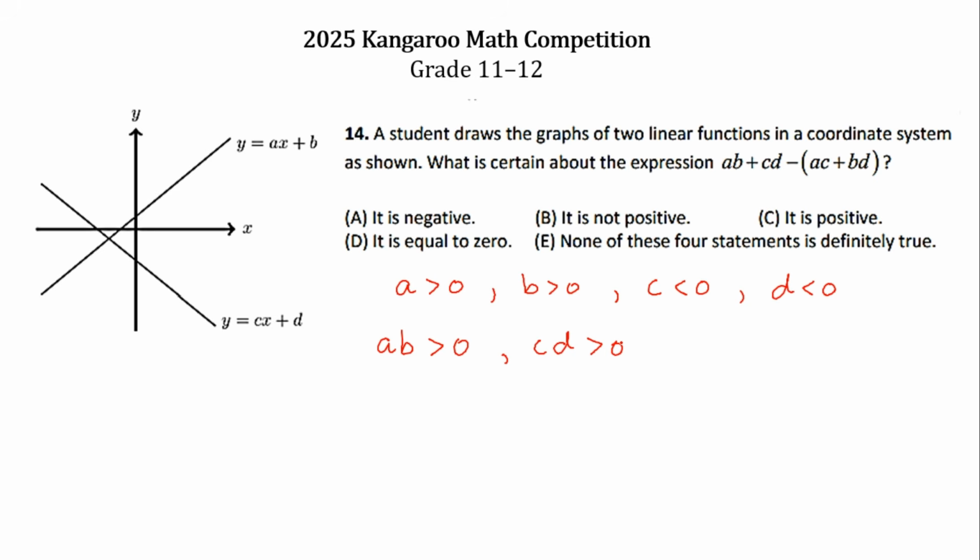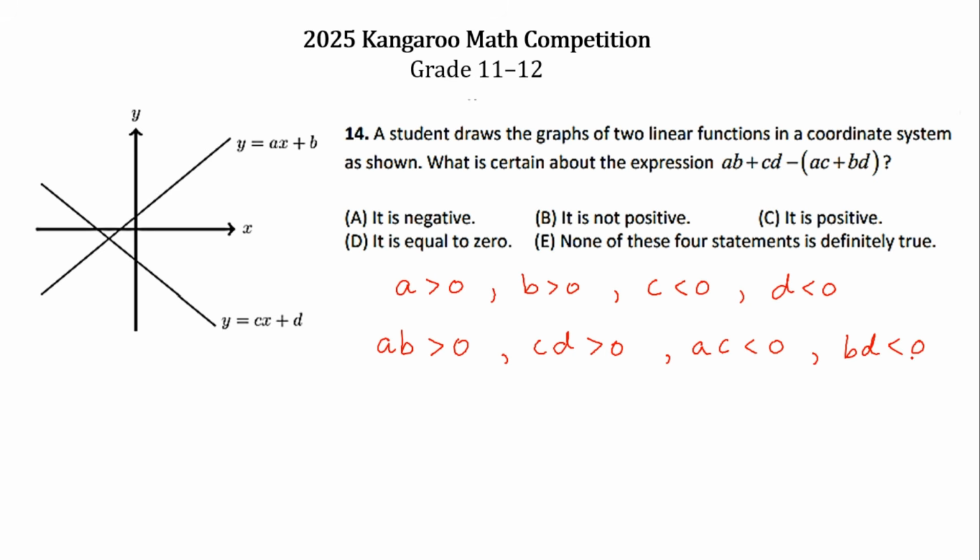Since A is greater than 0 and C is less than 0, AC must be less than 0. BD, since B is greater than 0 and D is less than 0, BD must be less than 0.